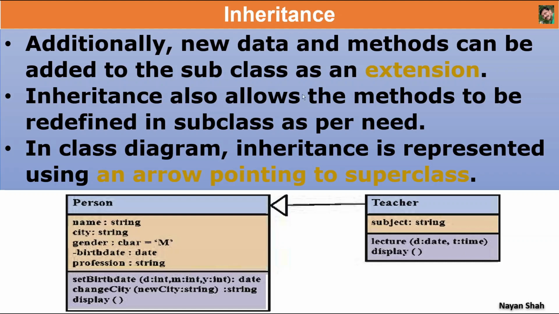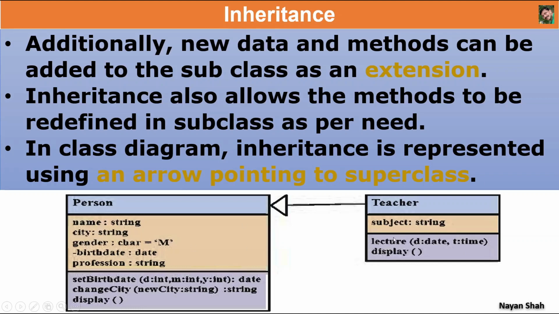So as you can see here, person class is the superclass or the base class, and teacher is the inherited class. But remember, though it shows small, when you do inheritance like this, everything, name, city, gender, birth date, profession, set birth date, change city, display, everything is available now in teacher also.